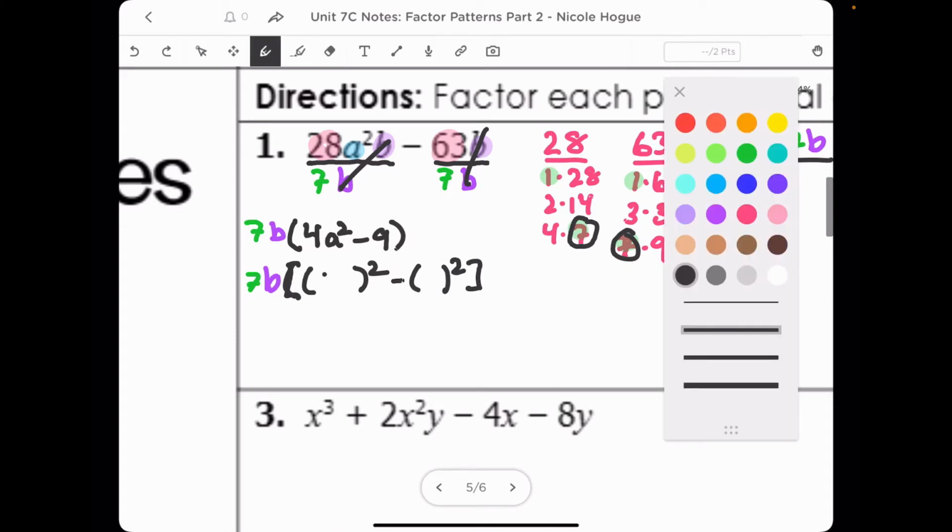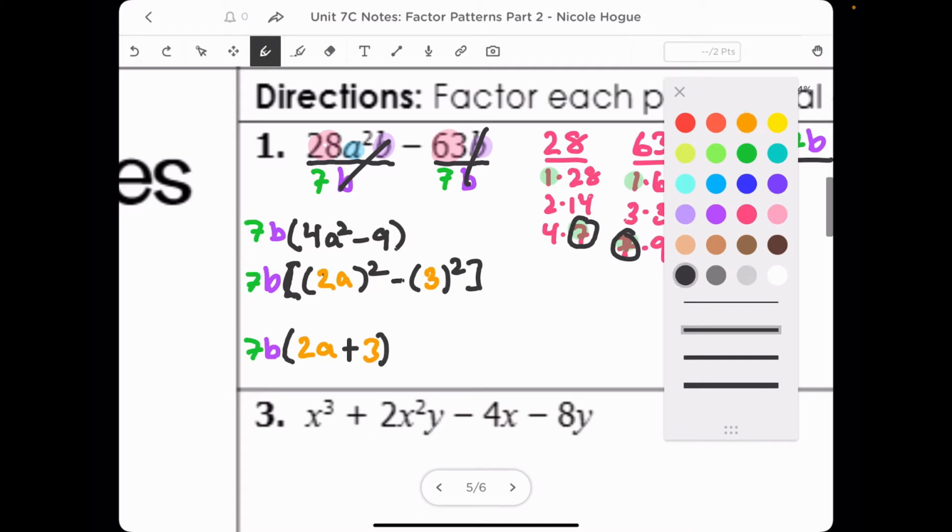All right. So what you're left with, using that pattern for the difference of squares, tells me that I take those two factors and I take the difference of them and the sum of them. So our factor here is going to be 7b times 2a minus 3 times 2a plus 3.